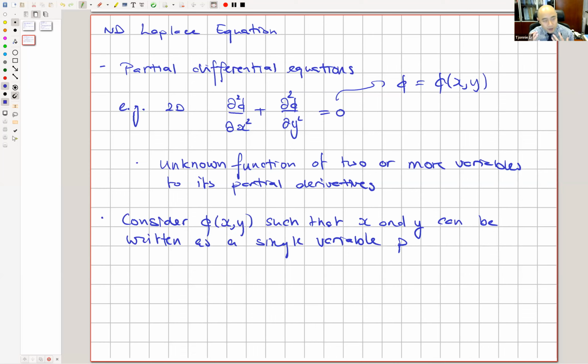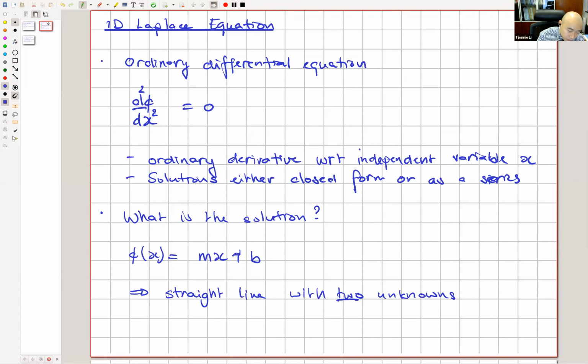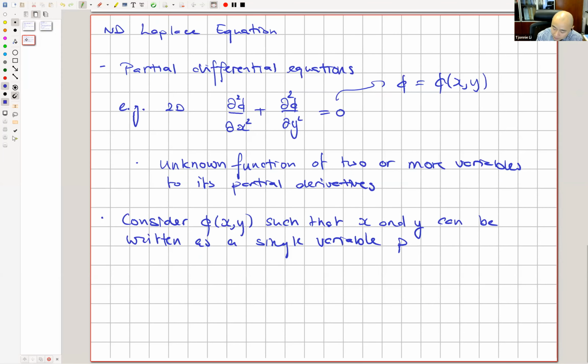In a very similar way to what I tried in the one-dimensional case, where I'm trying to come up with a very generic solution, right? mx plus b. I can try to do the same thing in the most general case for the n-dimensional equation. And so one thing that I could do is look for solutions φ(x, y) such that I can basically write this as φ only as a function of p, a single variable, which of course could itself be a function of x and y.